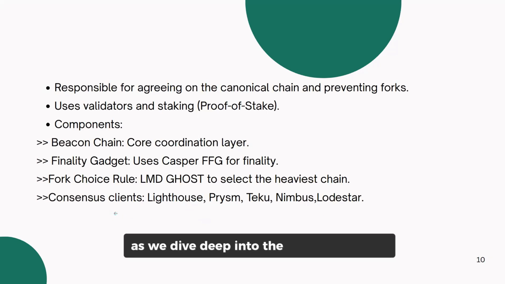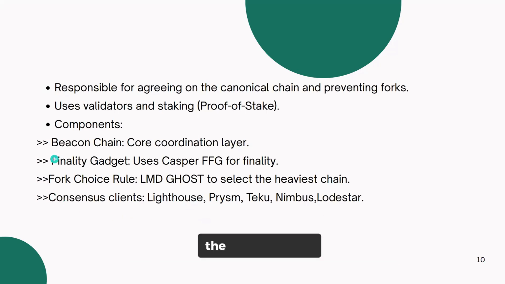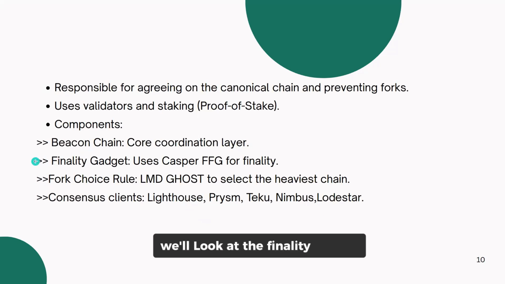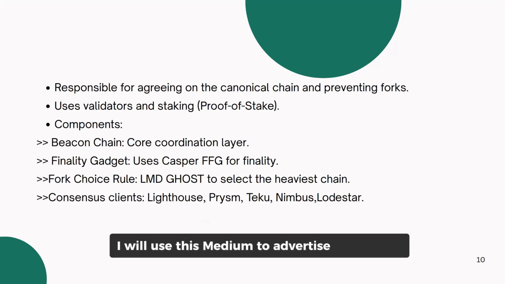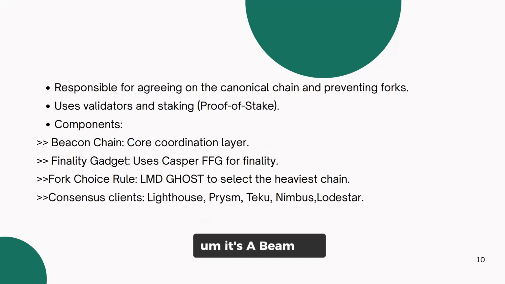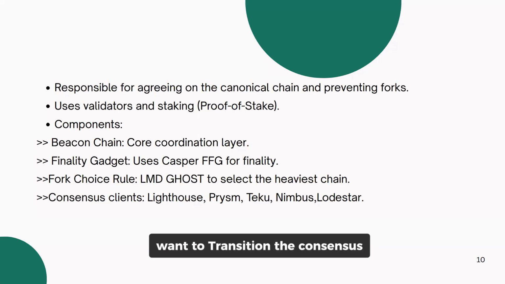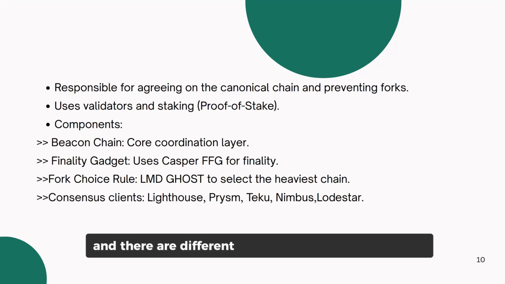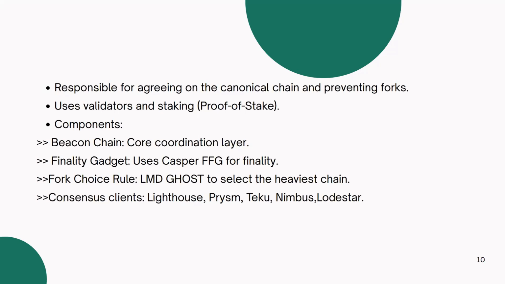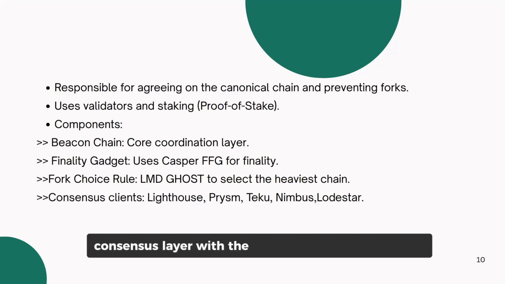As we dive deep into the consensus layer, we'll look at the beacon chain, the finality gadget, and the fork choice rule. Although for the beacon chain, there is a project going on. I will use this medium to advertise the project to those who are curious and want to contribute. It's Beam. We want to transition the consensus layer from using the beacon chain to the beam chain, and there are different implementations of that logic. Some are implementing the beam chain consensus layer with the Zig programming language.